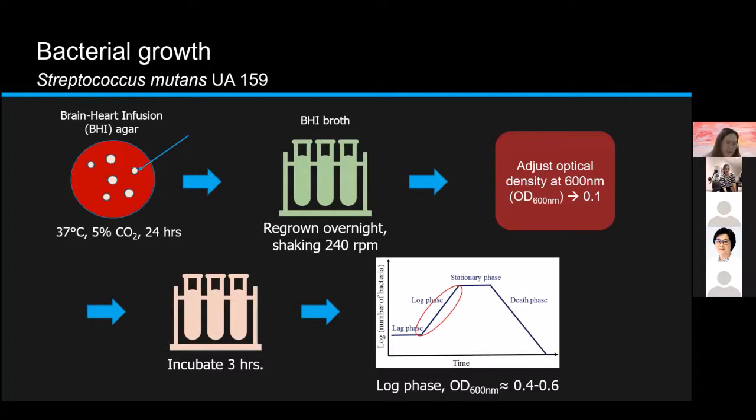After that, its optical density at 600 nanometers was evaluated and adjusted to 0.1. The culture was then incubated in the proper condition for 3 hours to reach the logarithmic phase of growth, or OD 600 nanometers around 0.4 to 0.6, which would be used for the biofilm formation.